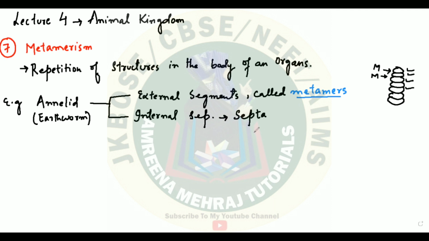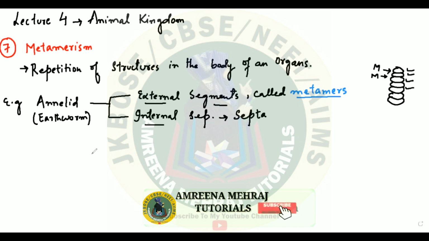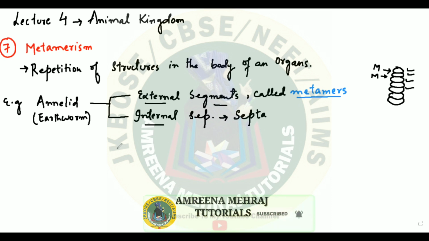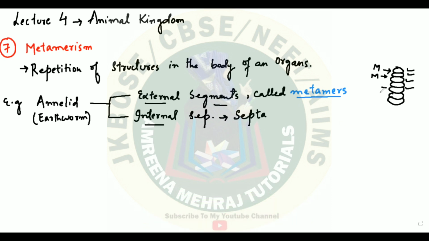So you see that such a condition where an organism is both externally as well as internally made up of segments, and such segments are working in coordination with one another. That means this segment is dependent on this segment and it is dependent on this segment. They do not work independently. They are dependent on each other. Such organisms are called metamerically segmented organisms.